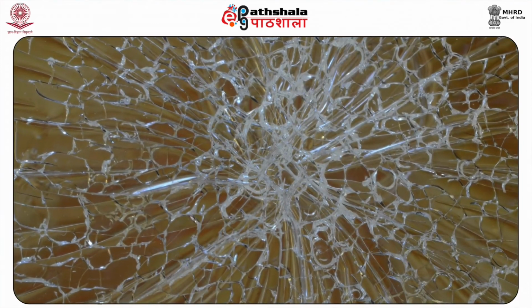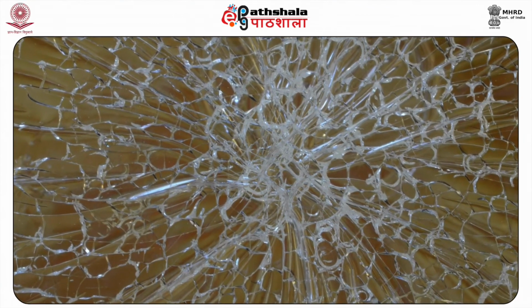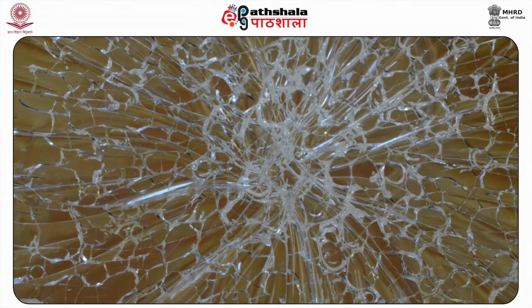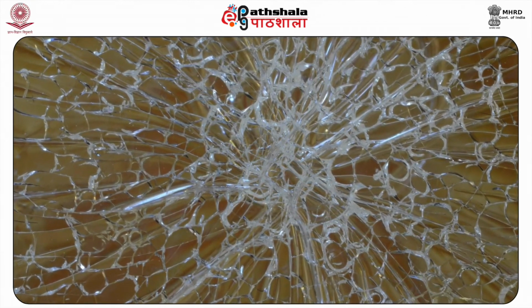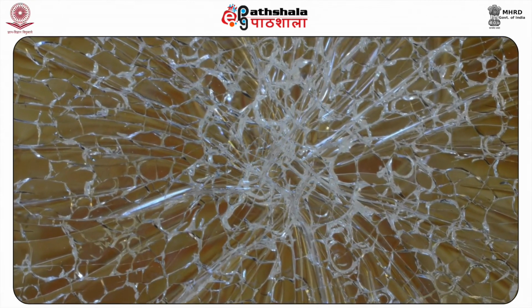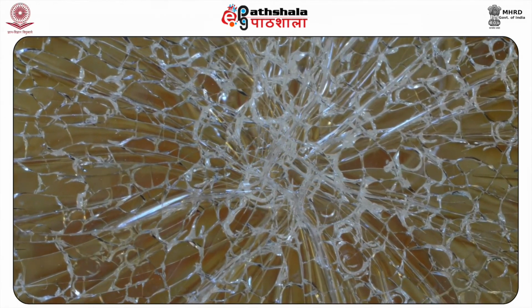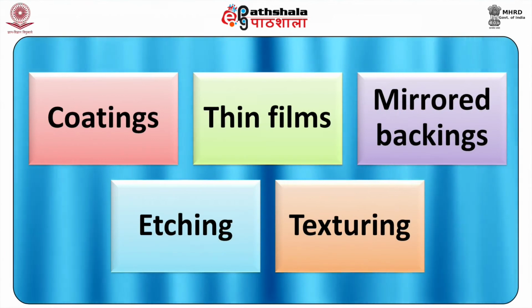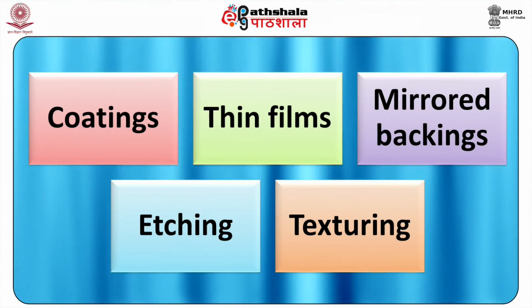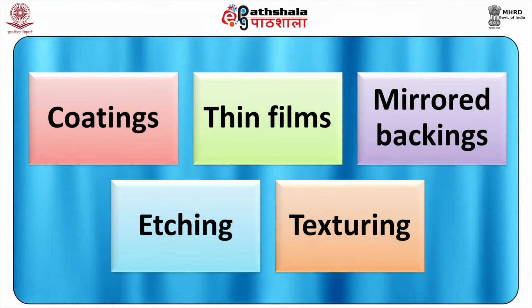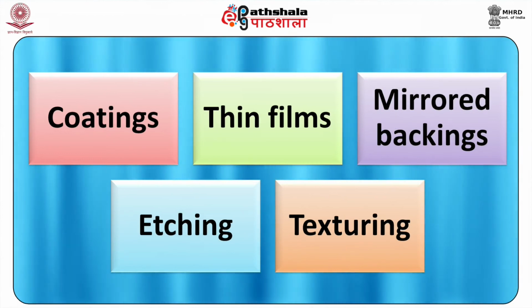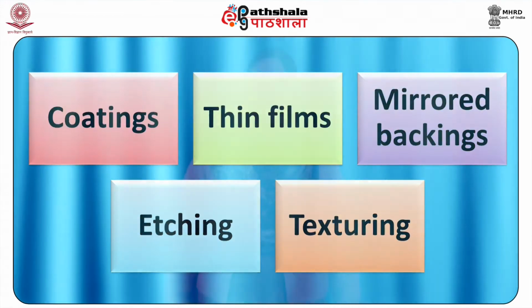They can serve as identifying features while examining the glass fragments, for fracture match, if the feature is present on both the fragments. Surface features include coatings, thin films, and mirrored backings, etching, texturing, etc.